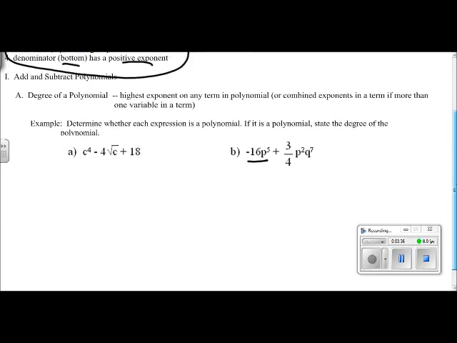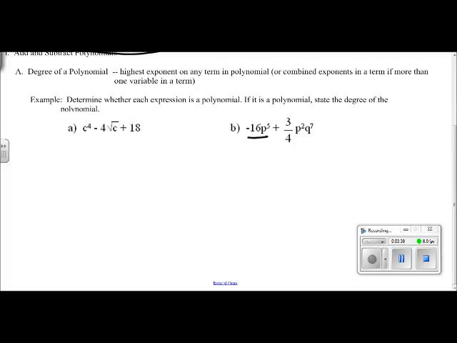So again, on one like this, you start by saying it is a polynomial, and then we need to look at the degree of each term. We look at our first term here, the negative 16 p to the 5th. We notice that it only has the one exponent, that's 5, so this is of degree 5.